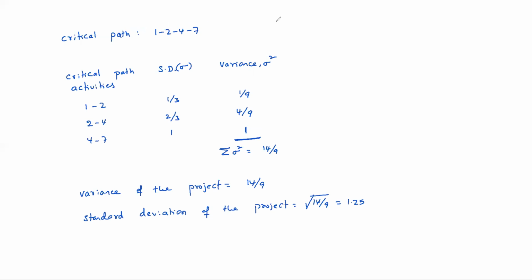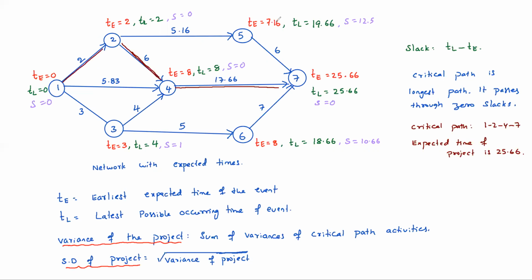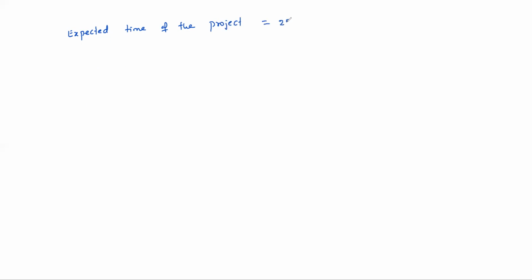Suppose as per the previous problem, the expected time of the project was 25.66 days, and the standard deviation of the project is 1.25 days.